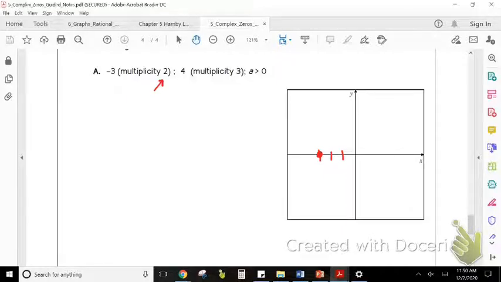Remember, 2 is even, and even is going to touch and turn. Then we have a 0 at 4, and it has odd multiplicity, so we know it's going to cross. Now our leading coefficient is positive.